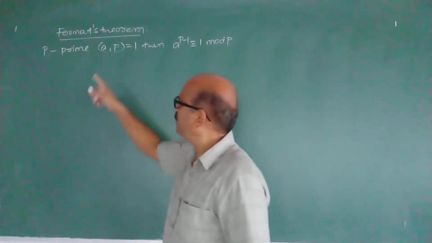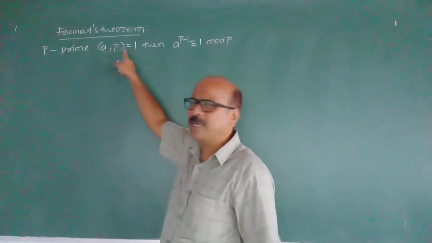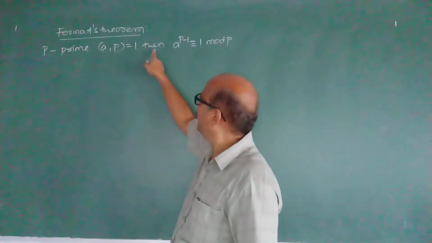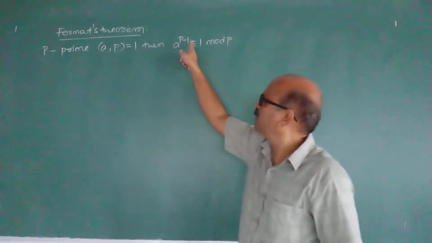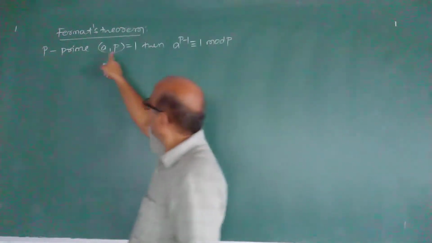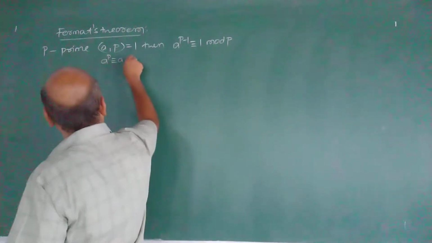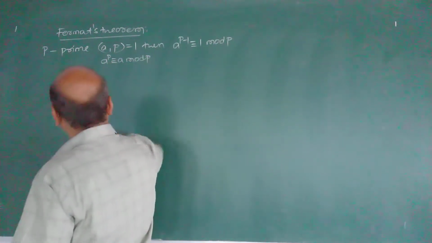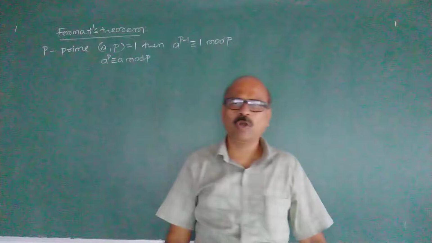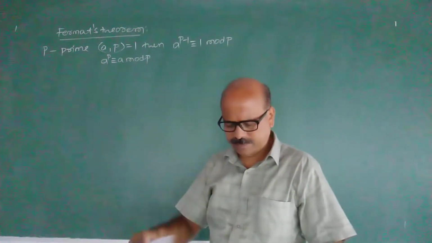P is a prime number, A is a positive integer so that A and P are relatively prime, then A raised to P minus 1 is congruent to 1 mod P. Suppose A and P are not relatively prime, then A raised to P is congruent to A mod P. Now I consider some problems on this.